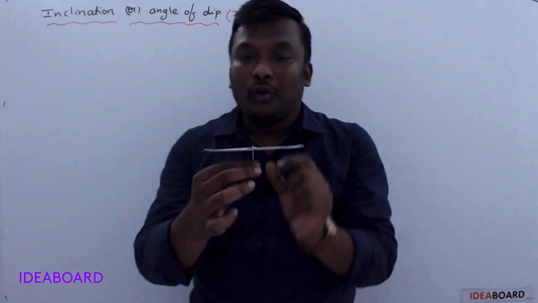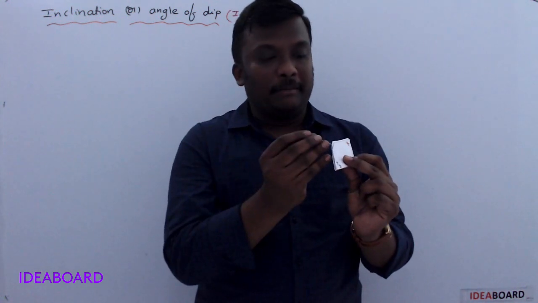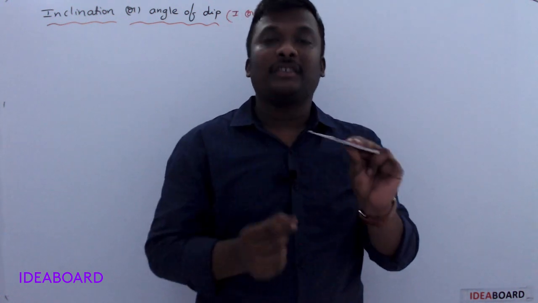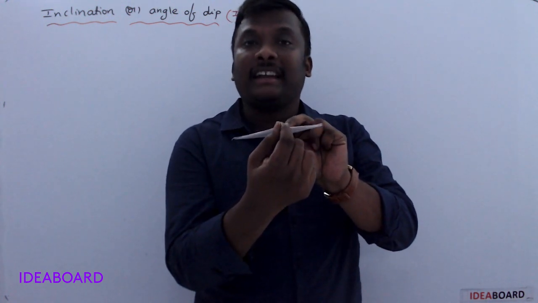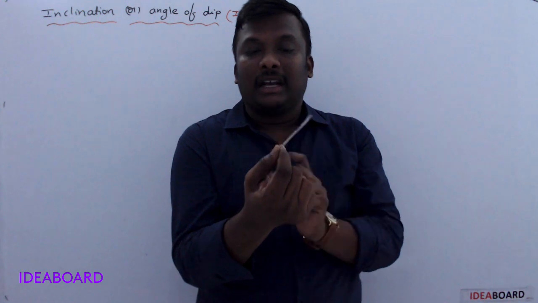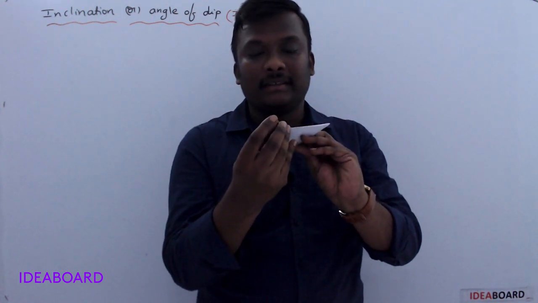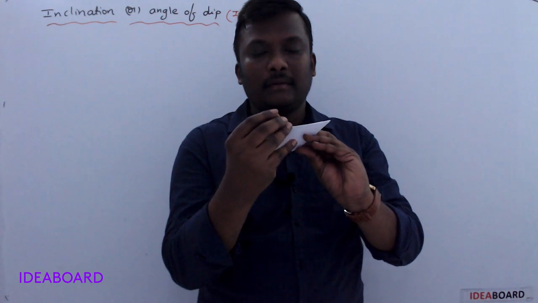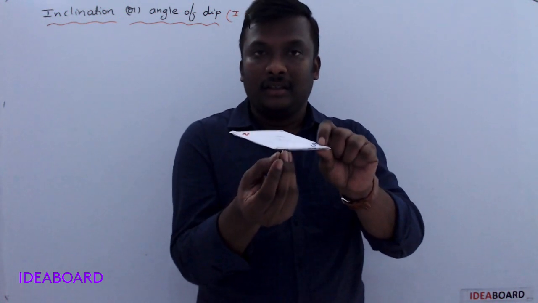Understand? Now do one thing. If this needle is placed on the horizontal axis, now the compass is in the vertical plane. Let us see. This is the north pole and south pole of the compass.